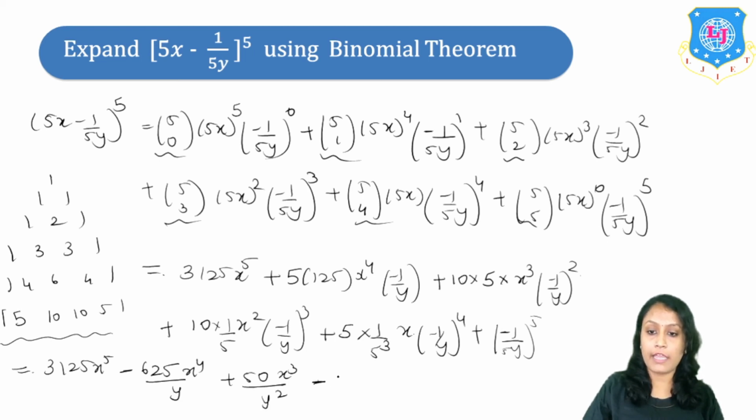Here we have 2x square upon y cube. Now here 1 5 will get cancelled, so in the denominator we have 1 upon 25, right? x upon y raised to 4, and at last we have minus 1 upon 3125 y raised to 5. So this is the final answer.